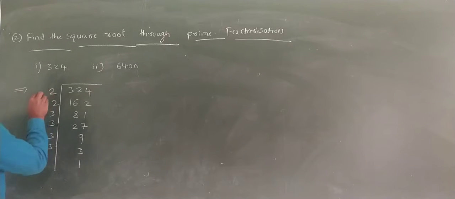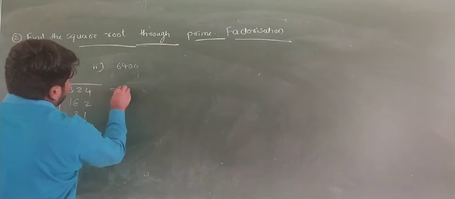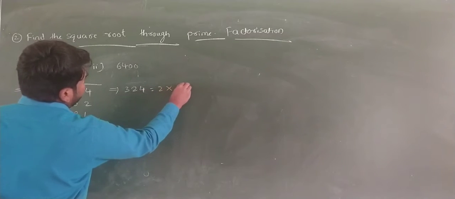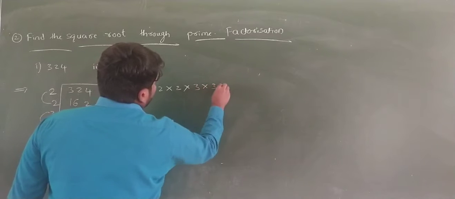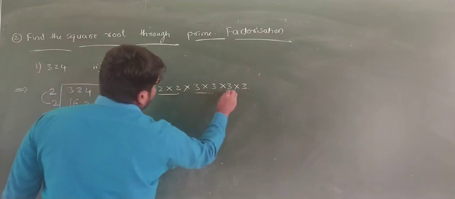Now we have to make the pairs. So your factors for 324 are 2 into 2 into 3 into 3 into 3 into 3. Okay, now make the pairs.